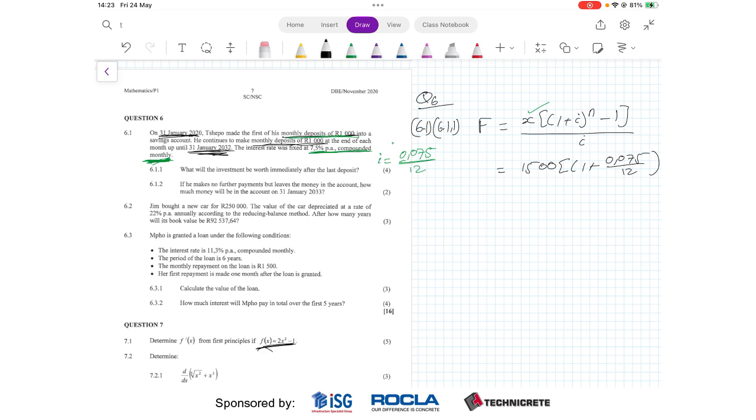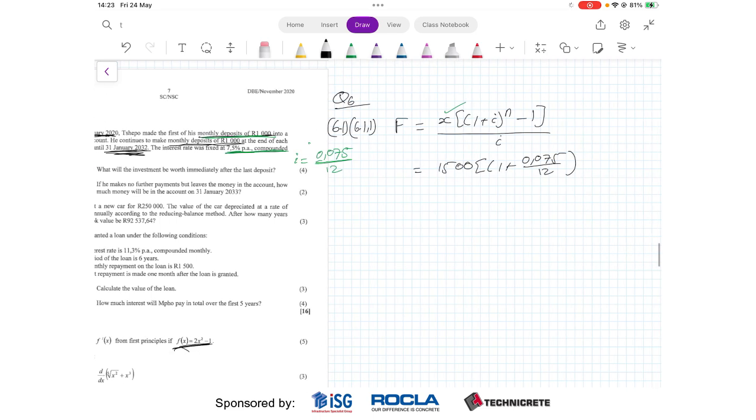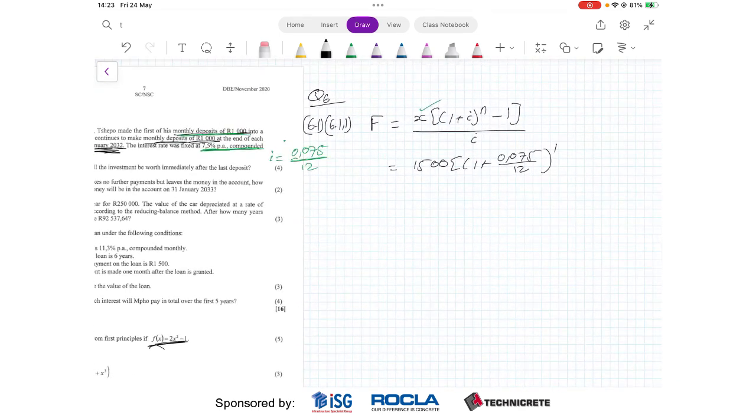That's 12 years, and in 12 years you have approximately 145 months, so n is equal to 145. Minus 1, divide all of that by 0.075 over 12, and you find that your answer is 234,888.53.